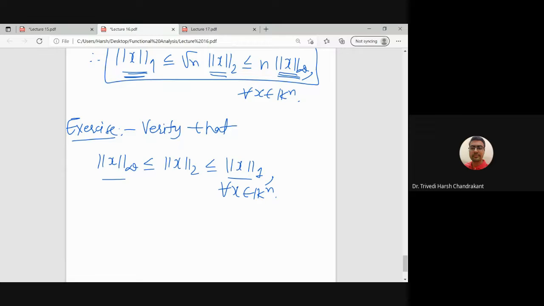So that means the convergence in one norm or infinity norm is the same. Every sequence that converges in one norm will automatically converge in infinity norm, and conversely every sequence converging in infinity norm will converge in the first norm.